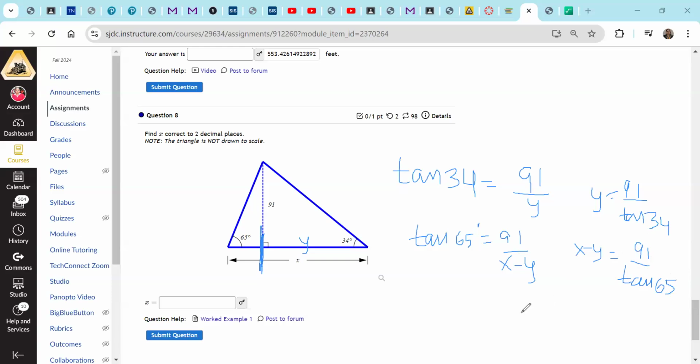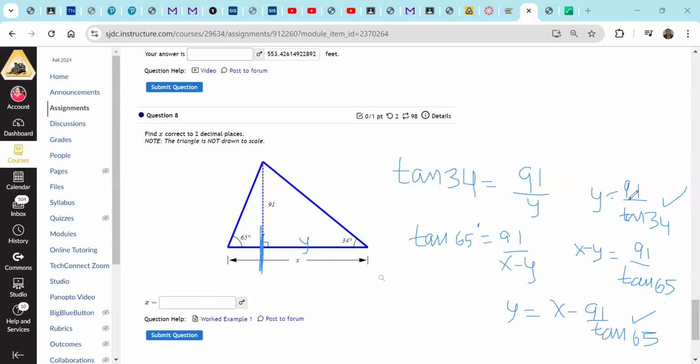Then from here, to find y, it's y is equal to x minus 91 over tangent 65. This is one equation in y, and we have the first equation in y. We set them both equal to each other and we solve for x.